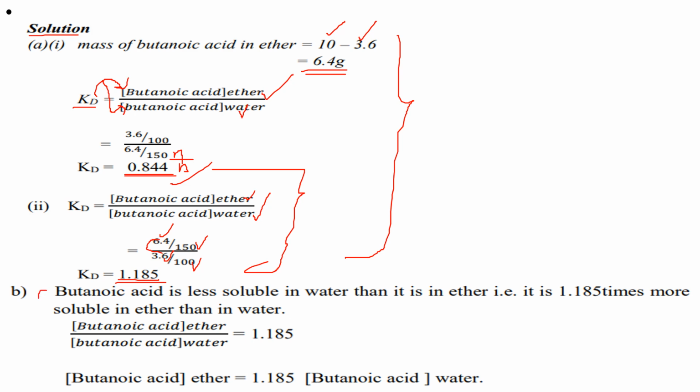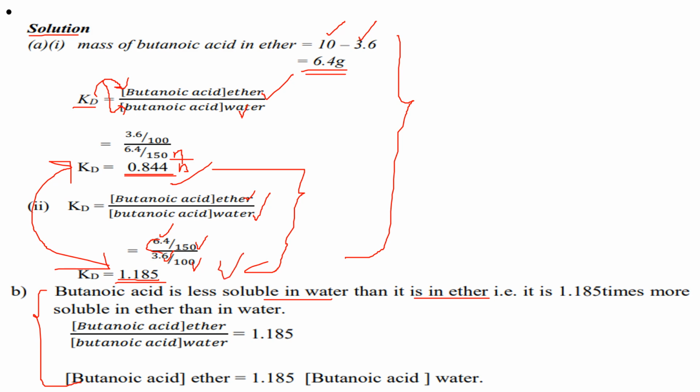And you are saying that for part B, we are going to say that butanoic acid is less soluble in water than it is in ether, because when you compare this value and this one, which one is higher? The one which is higher is for this one.